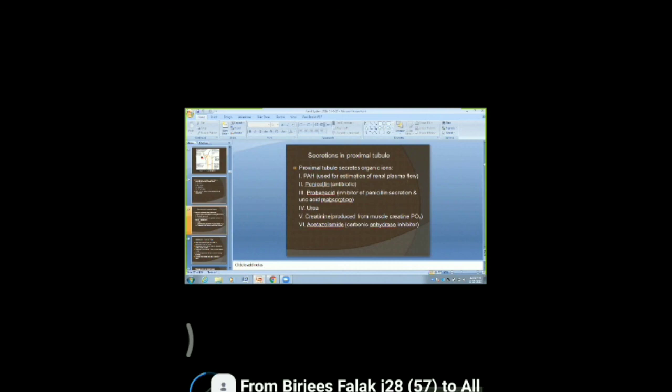Penicillin is an antibiotic, and probenecid is an inhibitor of penicillin secretion, and also an inhibitor of uric acid reabsorption. Then urea. Urea is reabsorbed to some extent, and this participates in forming concentrated urine, but mostly urea is an excretable product.